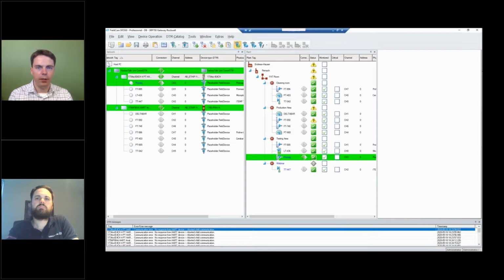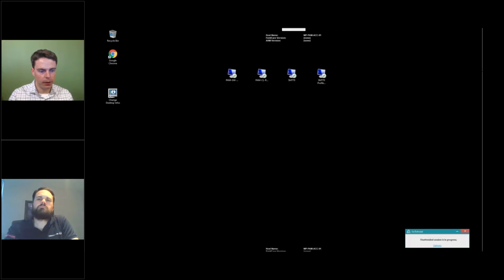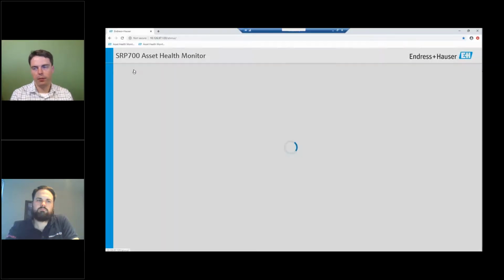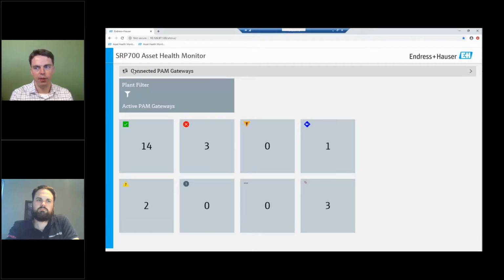So Endress+Hauser has an IoT cloud Netilion, and we also have a health module in Netilion where you can add an edge device and you can get a similar overview like you see it on the client side. So if you have a look at netilion.endress.com at the health app, you will find something very similar to that. But of course, it's a cloud environment and it requires connectivity.